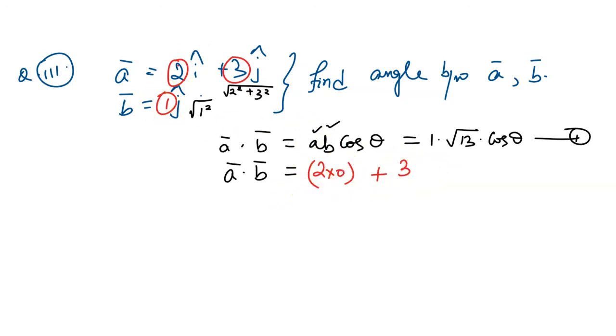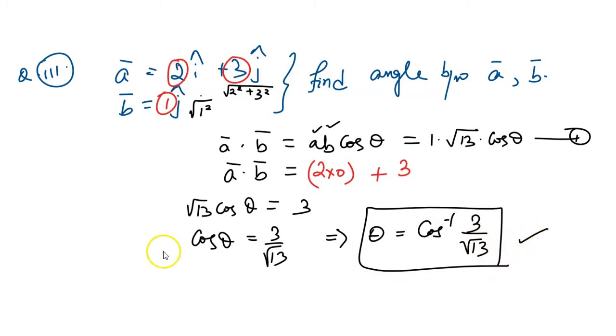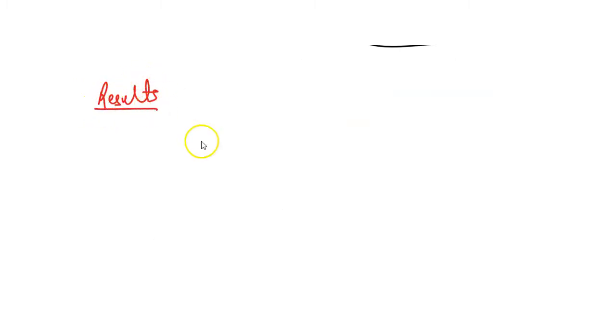So we will equate them and we get root 13 cos theta is equal to 3. So this gives us cos theta as 3 by root 13 and theta as cos inverse 3 by root 13. So this is the angle between the vectors A and B. Now some other important results that we are going to make before doing the other questions.